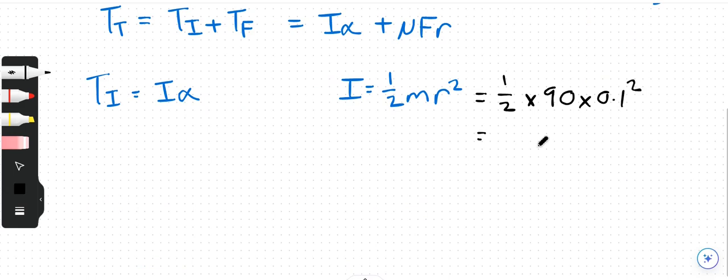Put that in your calculator and you'll get something like 0.45 kilograms per meter squared. That's the inertia, which we can put in there.